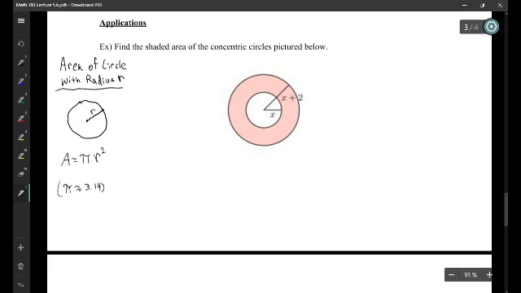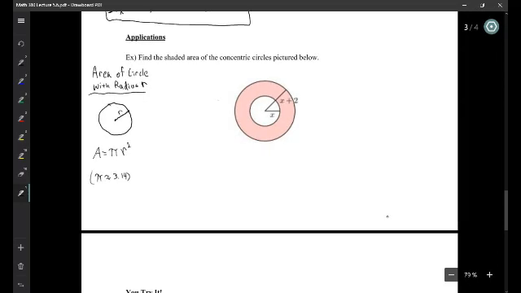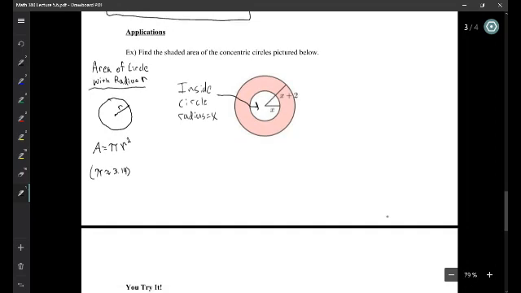All right. So this picture here is saying the inside circle has radius x, and this line from the center to the edge of this circle is depicting that the outside circle radius is x plus 2.